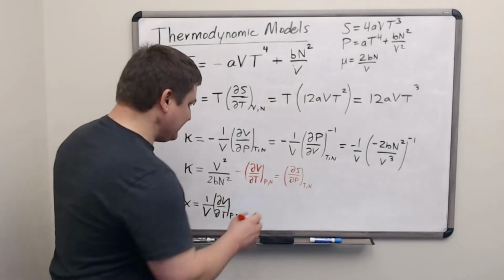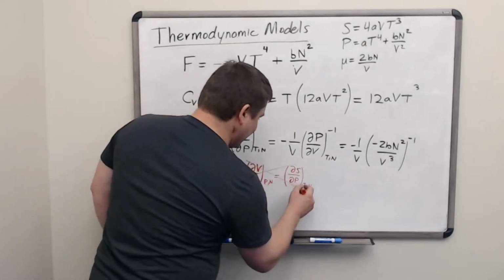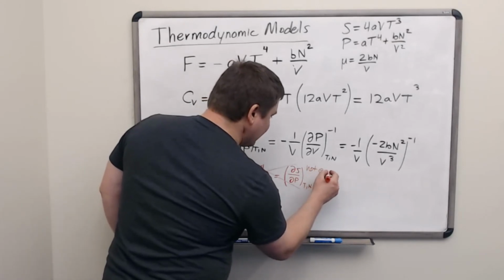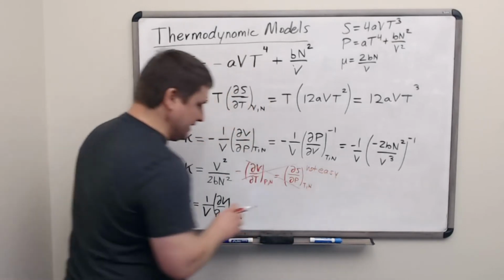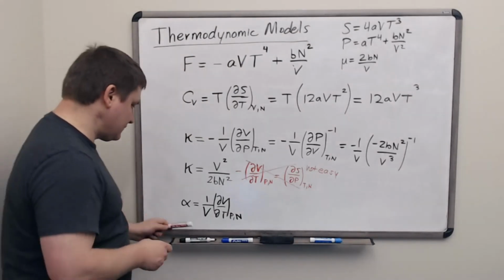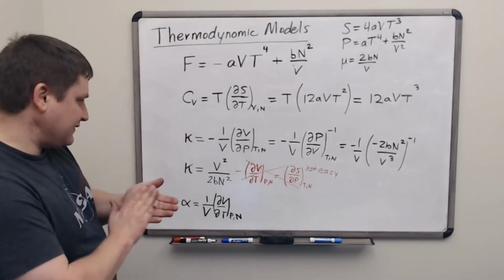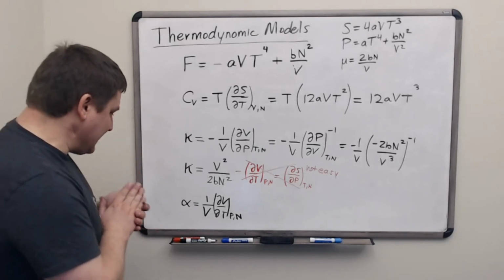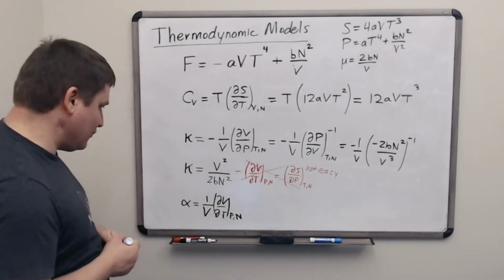So that one doesn't really seem to work out easy either. It's not wrong. It would work, but it's not easy. Okay, so let's explore one other path. I think this one is going to be the one that works.